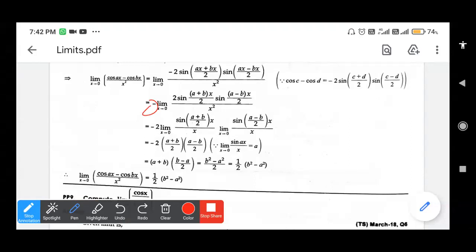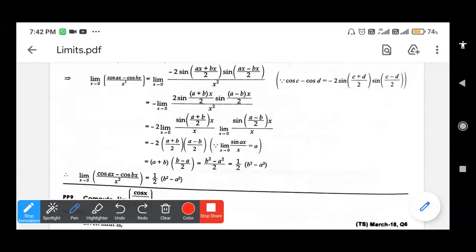Then sine (a minus b) by 2 into x by x. So limit x tends to 0, sine ax by x is equal to a. Using this formula, what is a over here? (a plus b) by 2 and (a minus b) by 2 was our a.